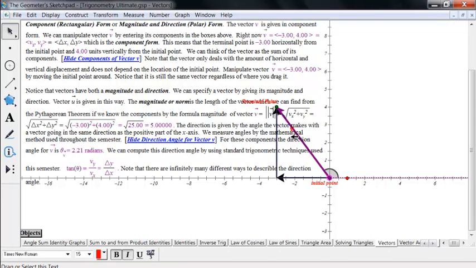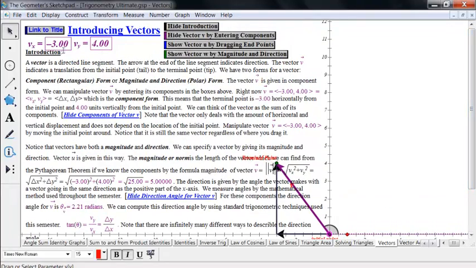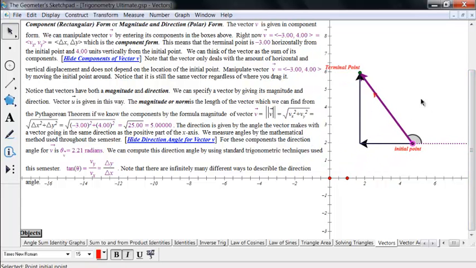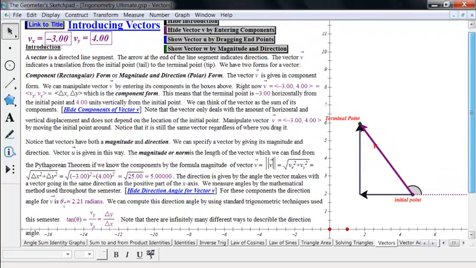So you could think of this angle as, for example, pi plus inverse tangent of 4 over negative 3. Okay, so use your knowledge of how angles work in terms of the quadrants, and the fact that the tangent of theta is going to be y over x, but you also have to keep track of which quadrant you're going to be in to be able to pick the appropriate theta that will work for that.